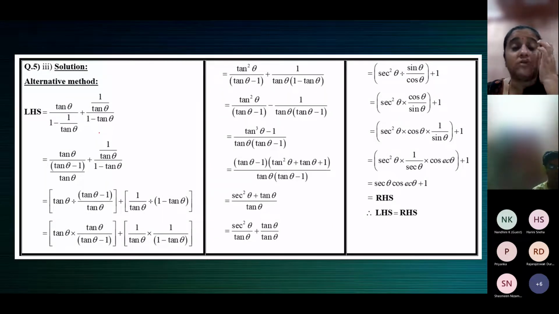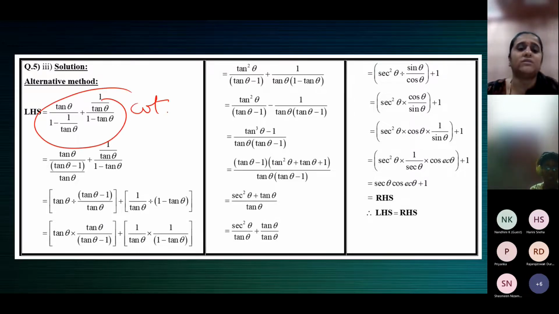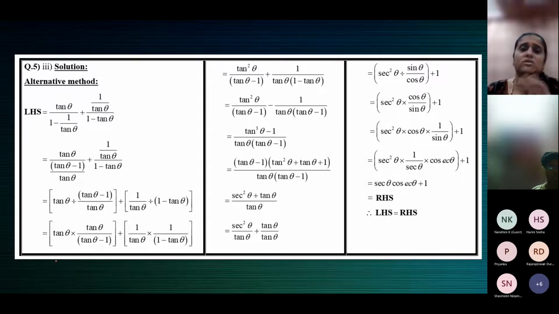I have changed cot to tan. Again, you can change tan to cot, meaning you can have cot theta everywhere. That method I don't have, but you can also do that. You can either change all tan thetas to cot theta or all cot thetas to tan theta. So I have changed the cot to tan.